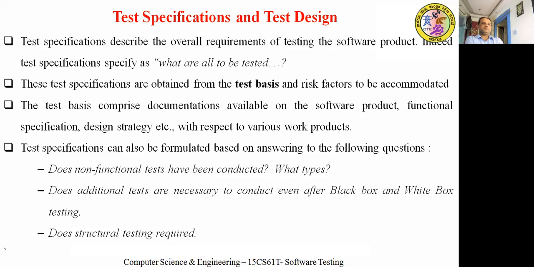The test basis comprises documentation available on the software product, functional specification, design strategy, etc., with respect to various work products. Test specifications can also be formulated by answering questions like: do non-functional tests have to be conducted, and what types? Are additional tests necessary even after black box and white box testing? Is structural testing required? Based on this, you can develop the test cases. You identify the things to be tested, and that is step number 3, test specification and test design.